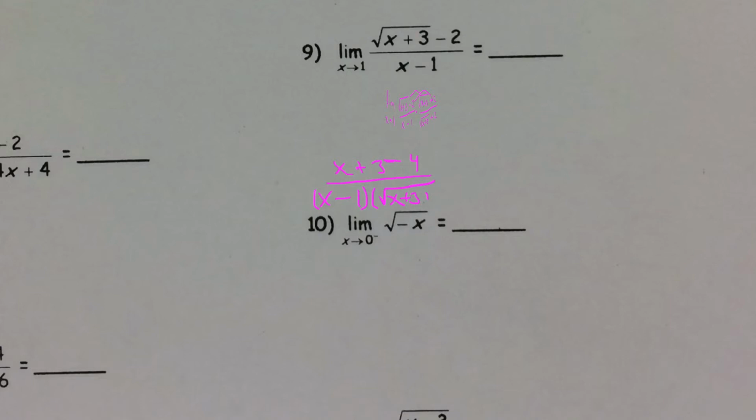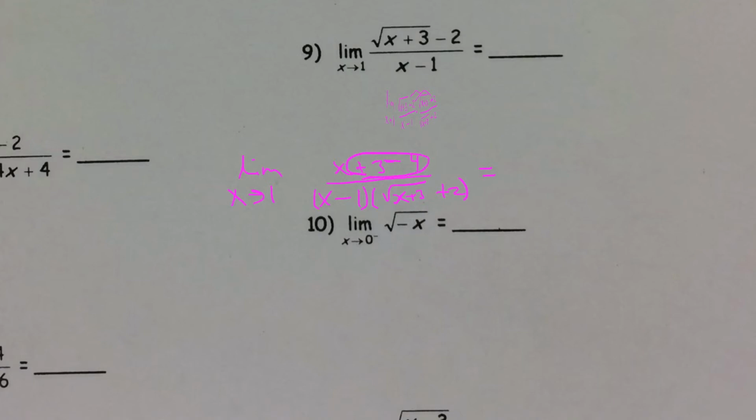And then outside the radical, let me just try that again. Square root of x plus 3 and plus 2 outside the radical. This is the limit. Don't forget to keep on writing this down. The limit as x approaches 1. So then let's see.